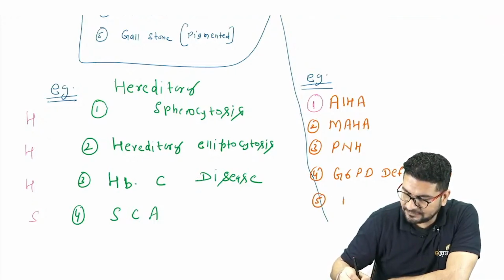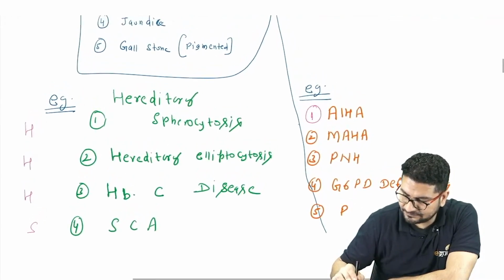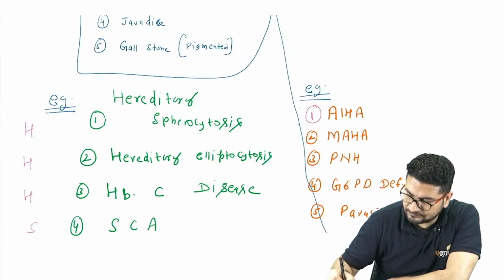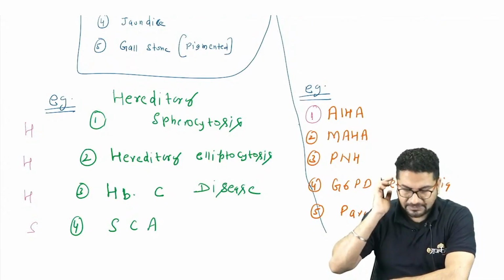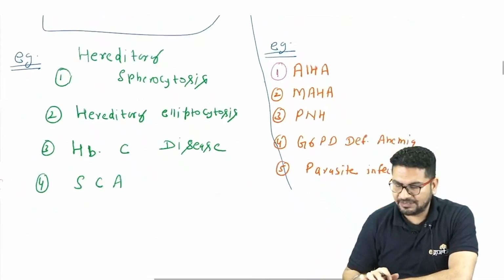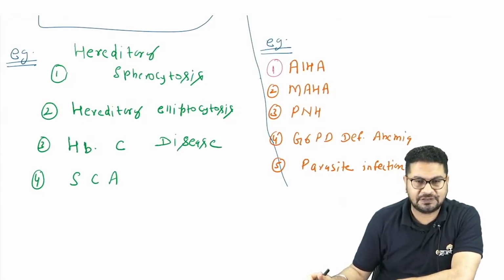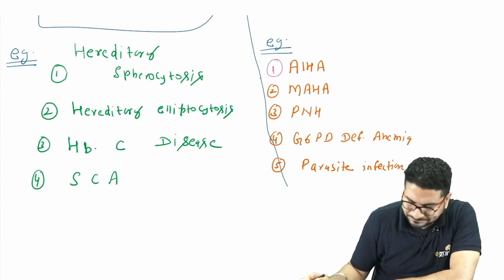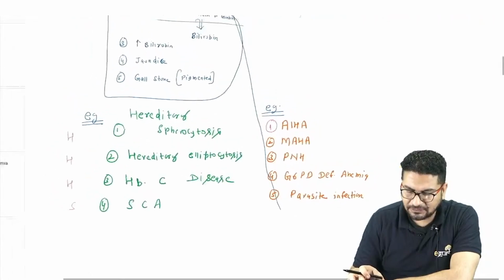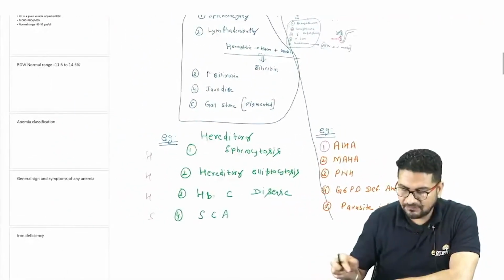And you will also see this in certain parasite infections. I'll come to the full forms. Understand this: AIHA, MAHA, PNH, G6PD deficiency anemia, parasite infection. These are the causes of intravascular hemolysis.